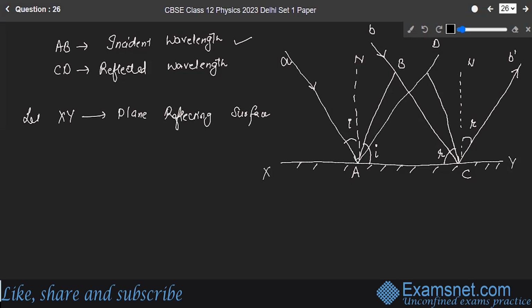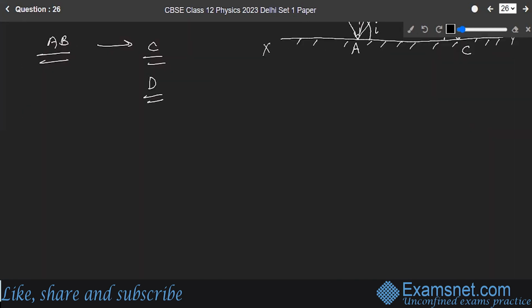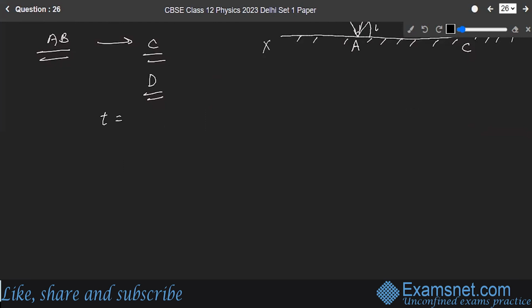Using Huygens principle, every point on the wavefront AB is a source of secondary wavelets. In the time during which the wavelet reaches C, the reflected wavelet from A would arrive at D. Therefore, t is equal to BC upon V, which is equal to AD upon V. That means BC is equal to AD. Let's say this is equation 1. Here V is the velocity of light in the given medium.